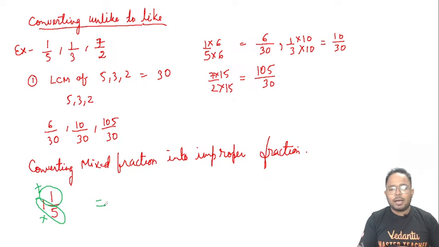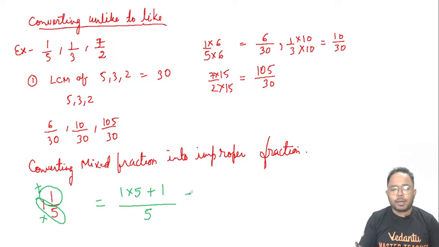That means I will do 1 into 5, then plus the numerator 1, divided by the denominator, what it is given? 5. So it becomes 1 5s are 5 plus 1, 6 by 5.